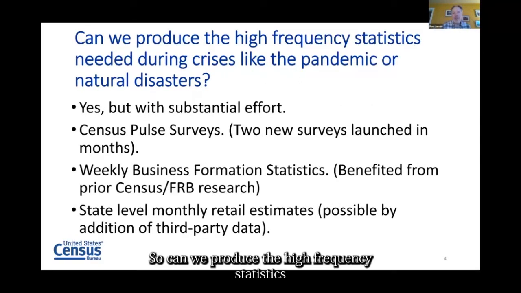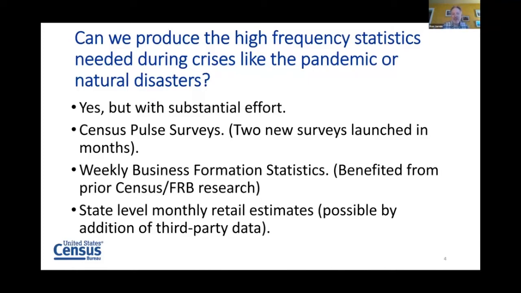All right, so can we produce the high frequency statistics that policymakers and researchers need during these sort of crises? And I think the answer is yes, but I think Mary was giving us some heads up, but with some substantial effort.